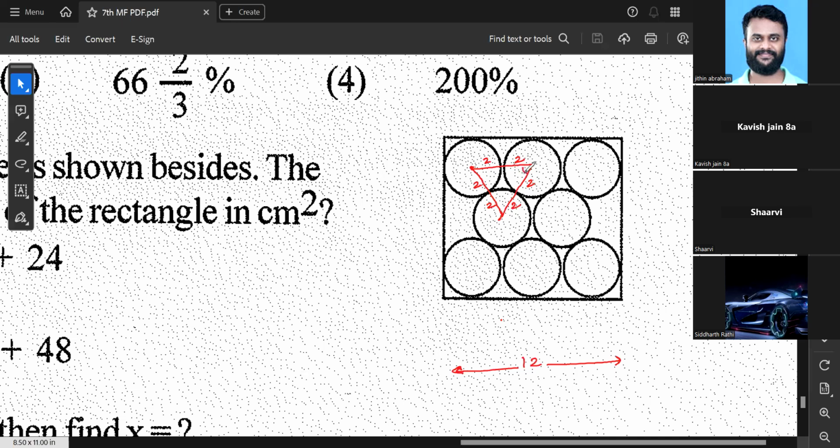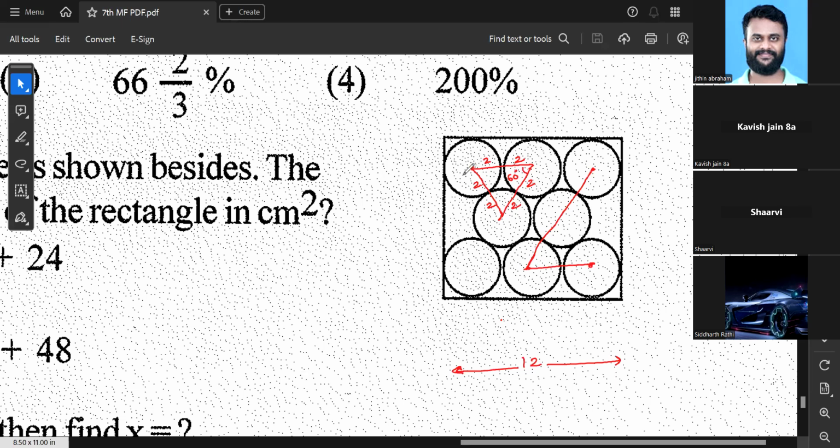Which means this angle will be 60. Got it. Agreed? This angle will be 60. Great. Now I'm going to join the centers from here all the way to this particular center, center to center, and I'm going to join center to center over here.